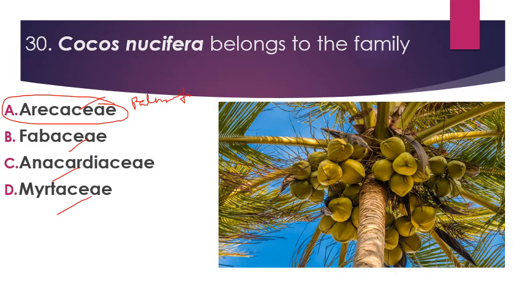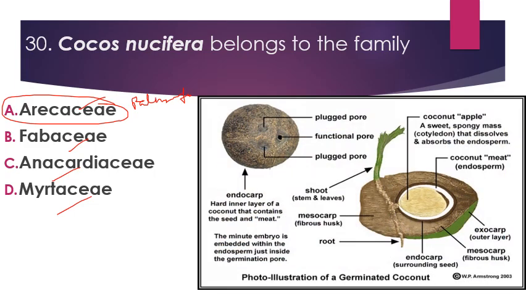If we talk about the seed structure or fruit structure of this coconut, it consists of different parts. This is the functional pore, and these 2 pores are plugged pores, and this hard covering is known as endocarp. जो बाहर से tough hard covering होती है उसे कहा जाता है endocarp.